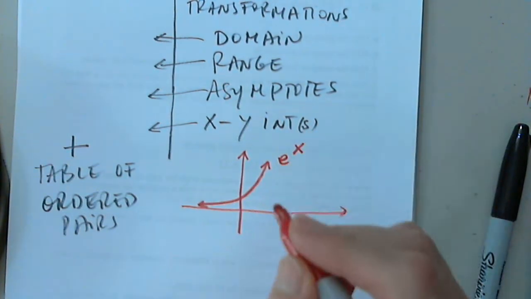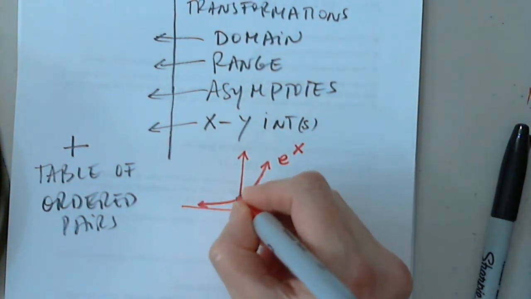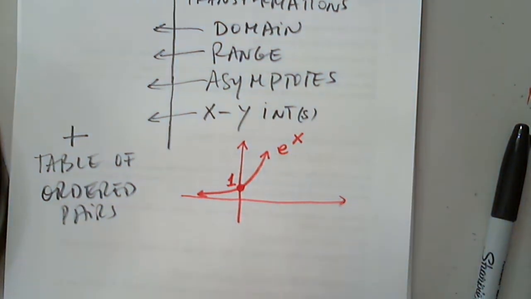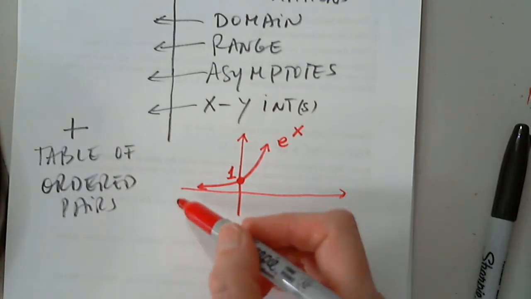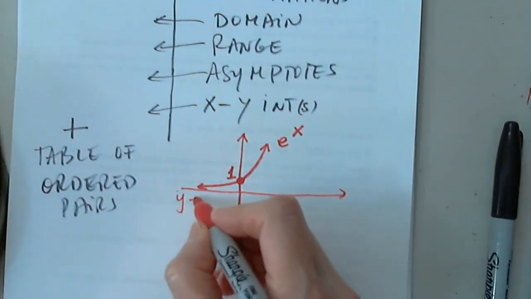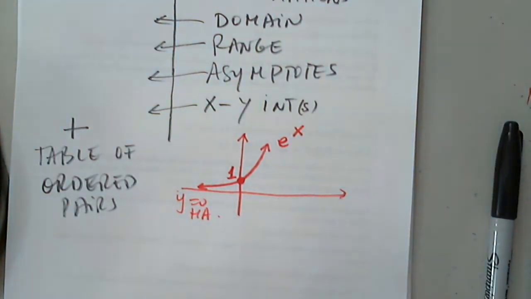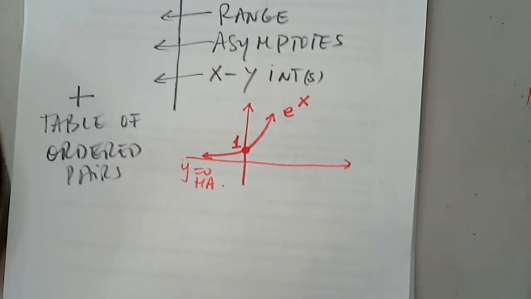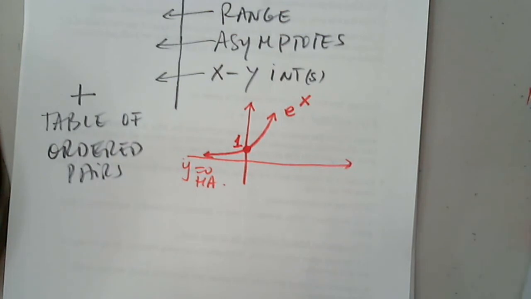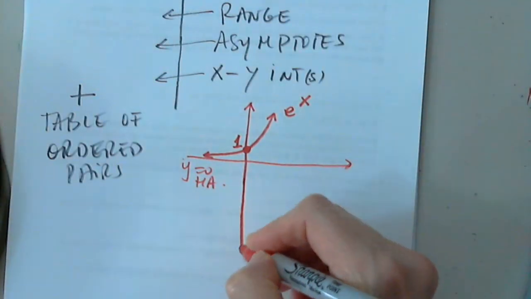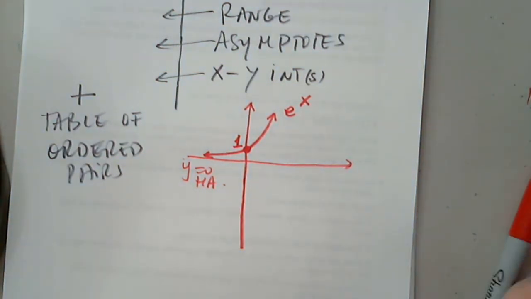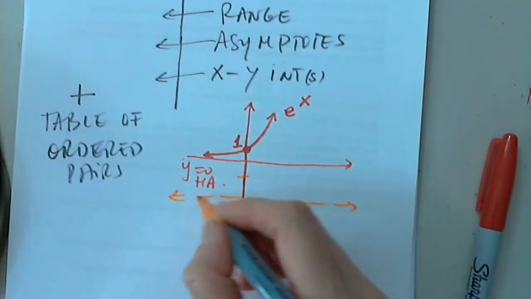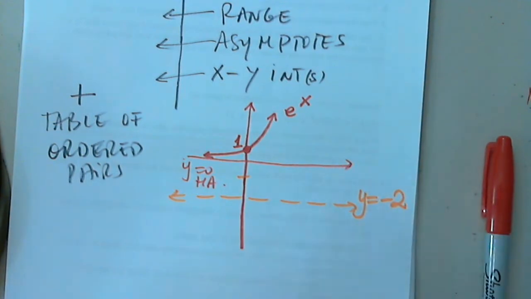So for e to the x, I have to show that it passes through 0, 1, because when x is 0, y is 1. And first I have to know that y equals 0 is a horizontal asymptote. For e to the x minus 2, I have to show that the horizontal asymptote moves down, so y equals -2.